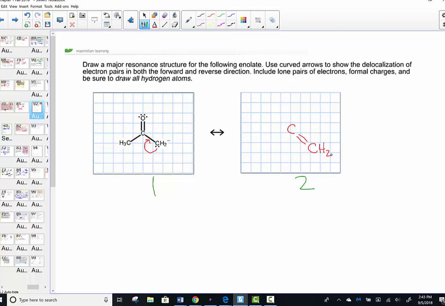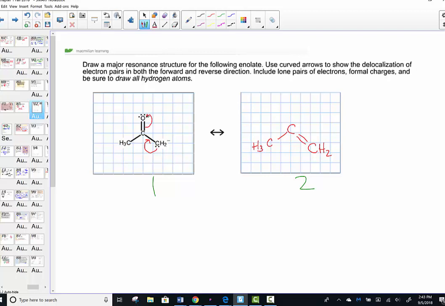The negative sign is no longer there because we removed the formal charge. This group, CH3, remained the same. There is no electron-rich area here. There's nothing unusual. But I do see an opportunity then to continue shifting the electrons.